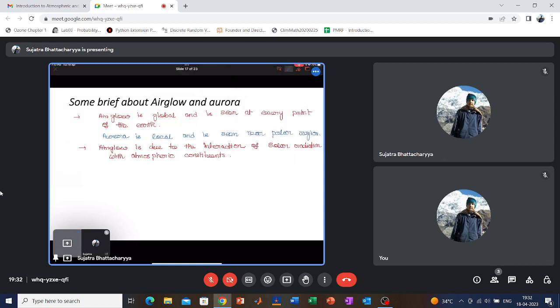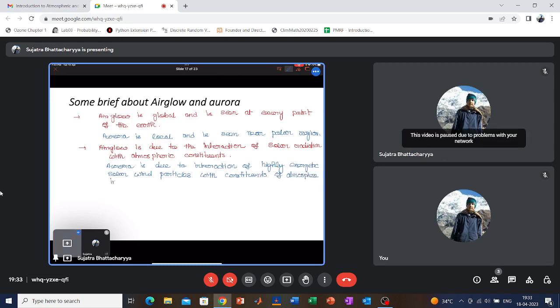Aurora is due to the interaction of highly energetic solar wind particles, which are nothing but the plasma particles, with constituents of the atmosphere in the presence of a magnetic field.